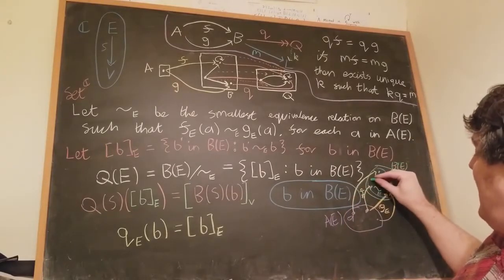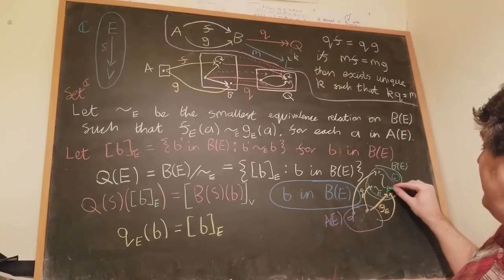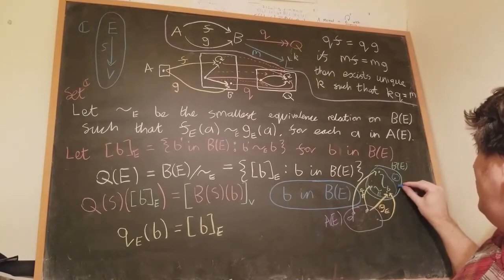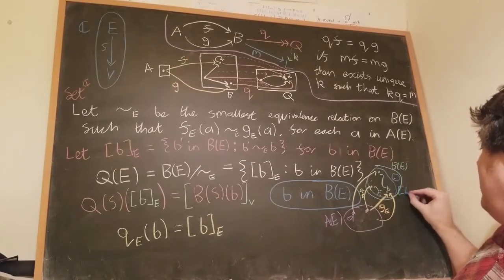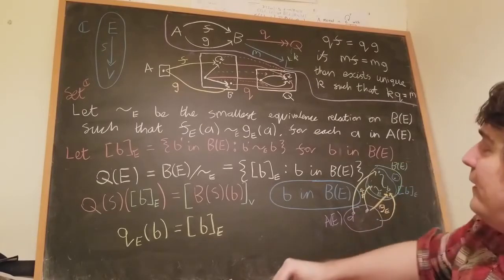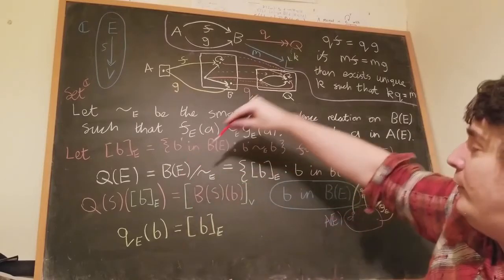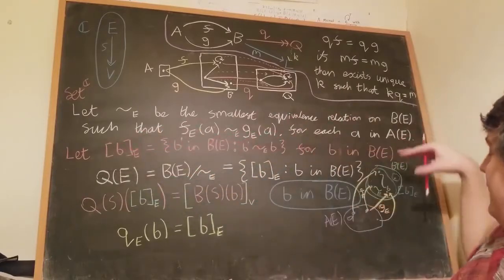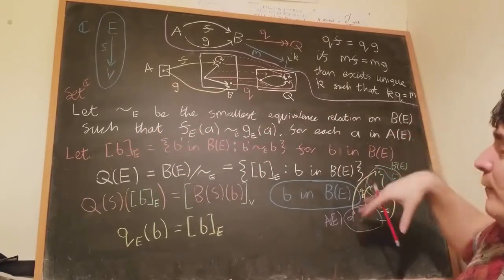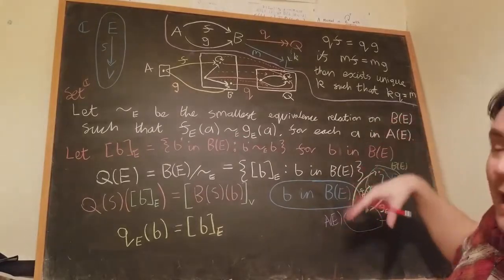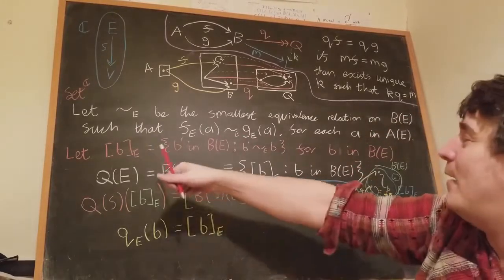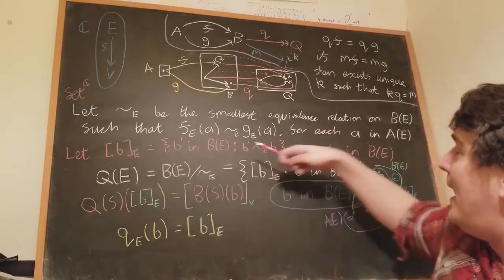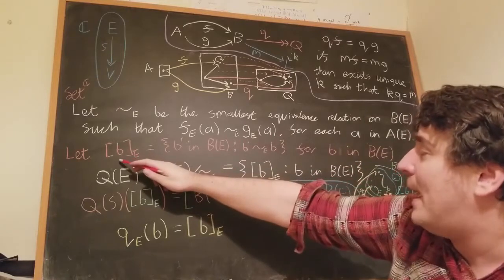For example, if this is little b, then the connected component it belongs to, we could call it the equivalence class of b. And in general then, this whole graph idea is my fuzzy way to think about how these equivalence relations work, but this is the formal way to talk about it.